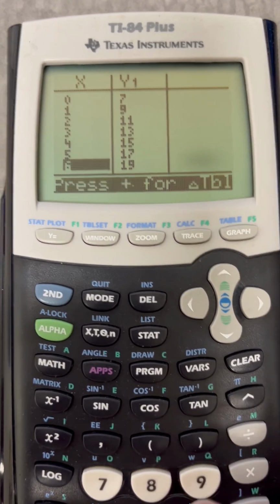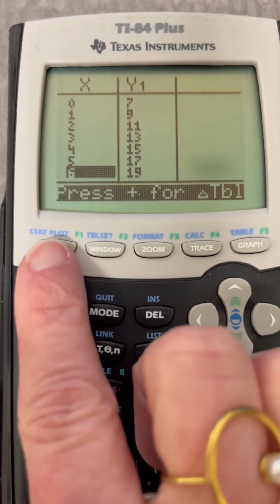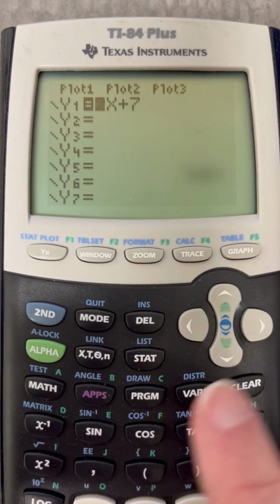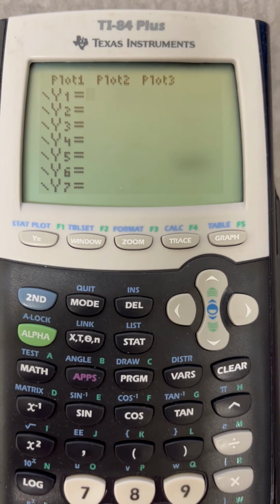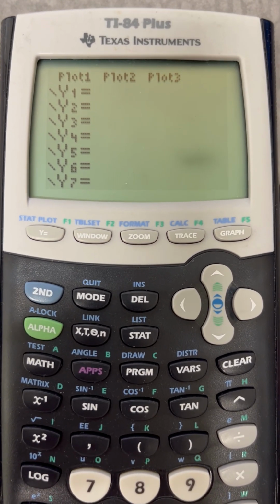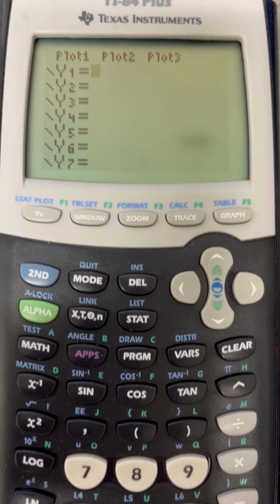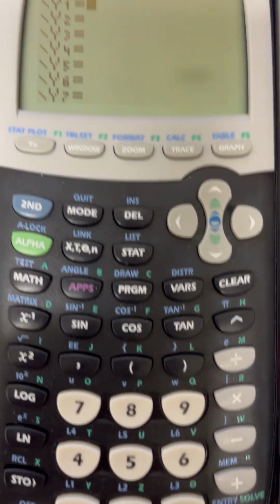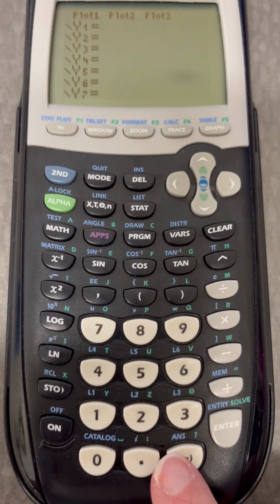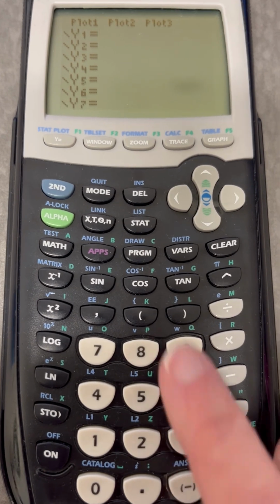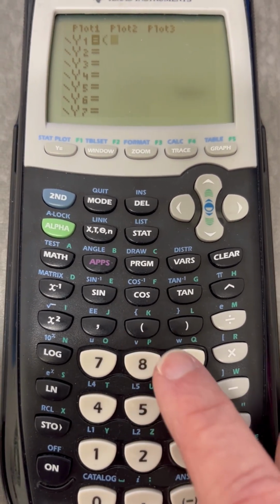All right, so let's say we want to do one with a fraction. So I'm going to go back to Y equals. I'm going to clear that out. So let's do Y equals -2/3 X minus 2. I want to show you something here. Anytime I use a fraction, especially on a calculator, I'm going to open the parentheses.